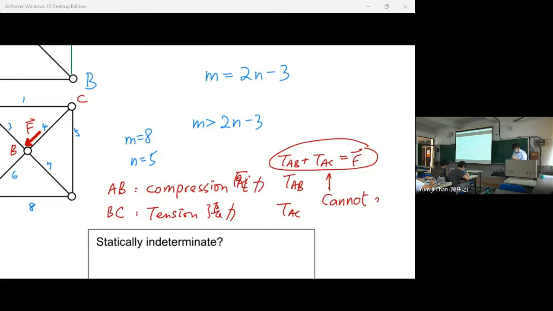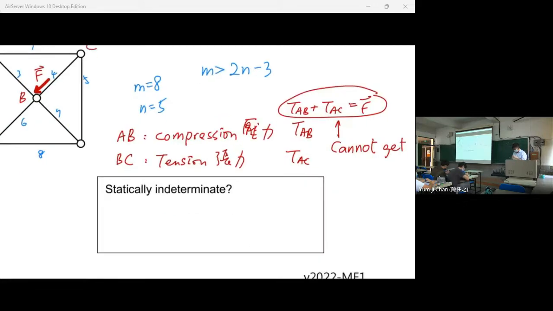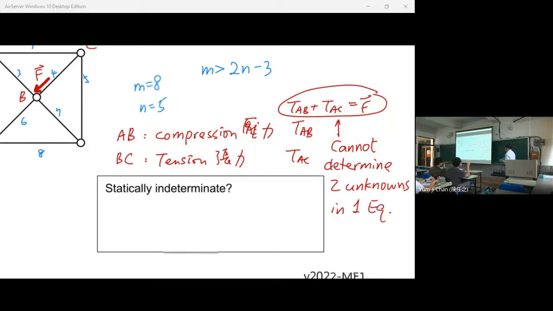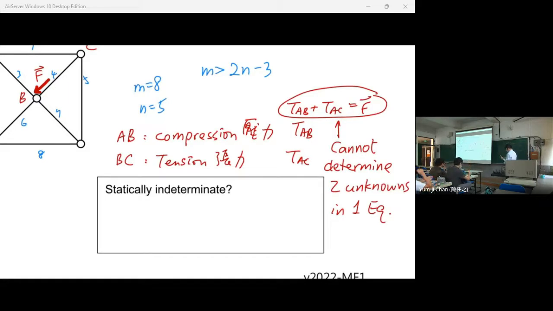We cannot determine two unknowns in one equation.